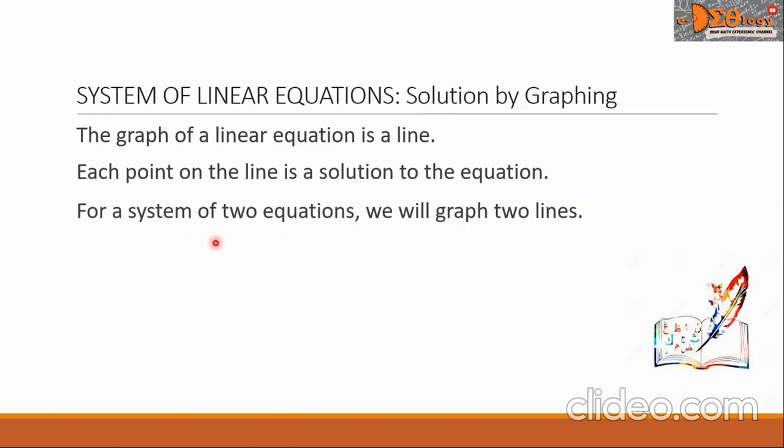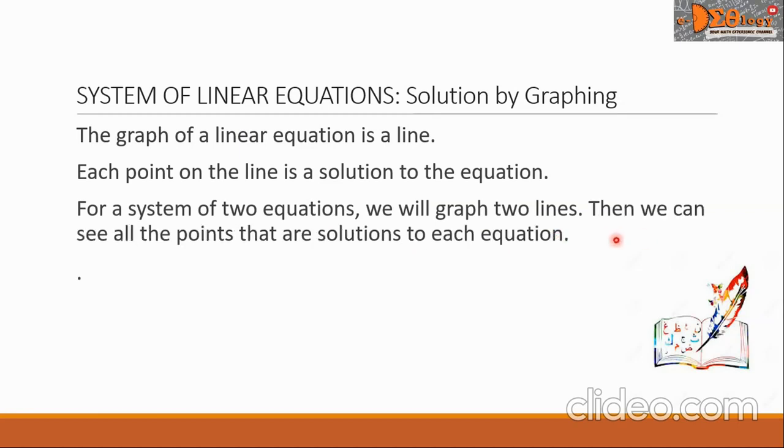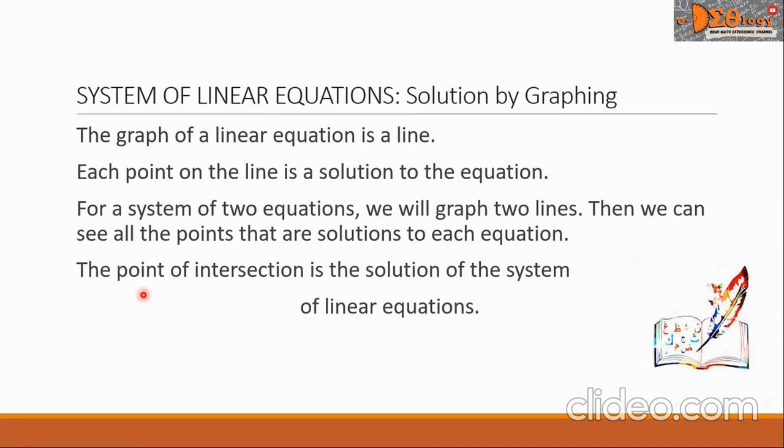For a system of two equations, we will graph two lines. Then we can see all the points that are solutions to each equation. The point of intersection is the solution of the system of linear equations.